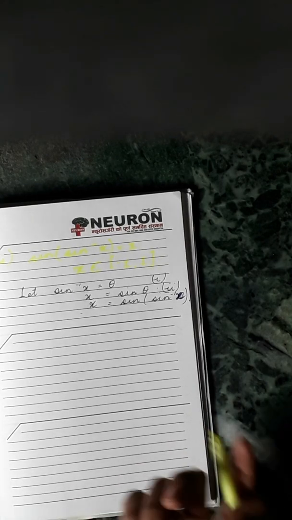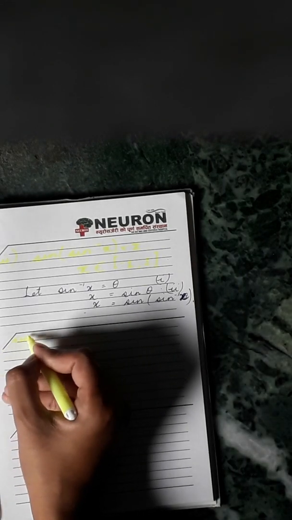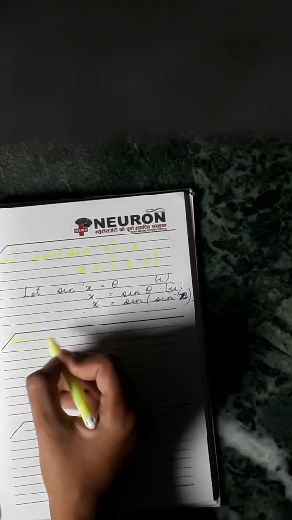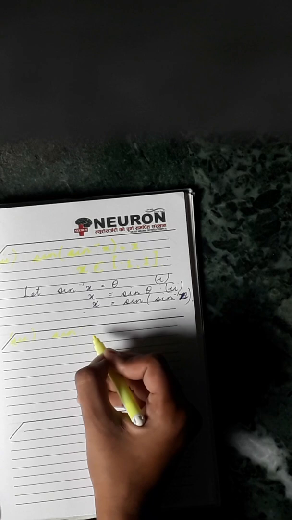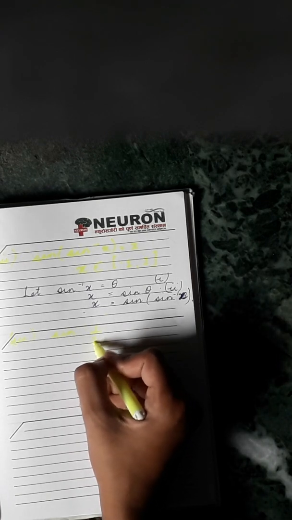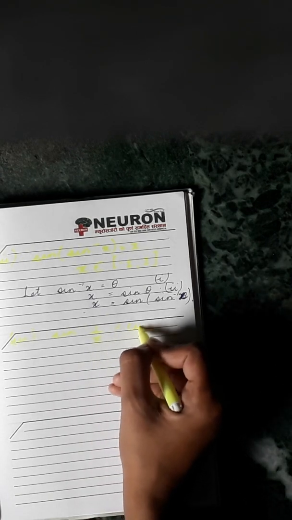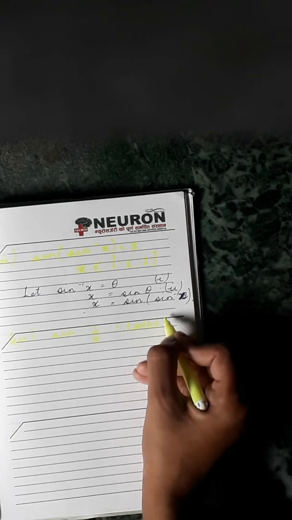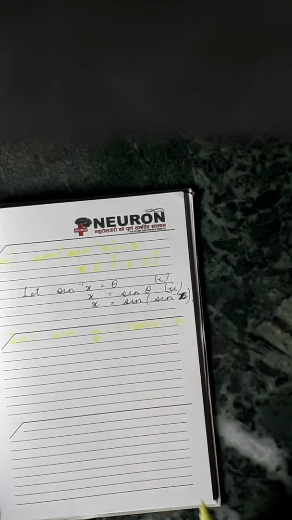So the next type of properties is sine inverse 1 upon x is equal to cosec inverse x.